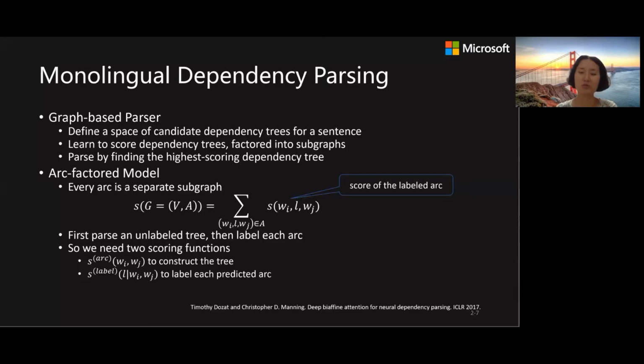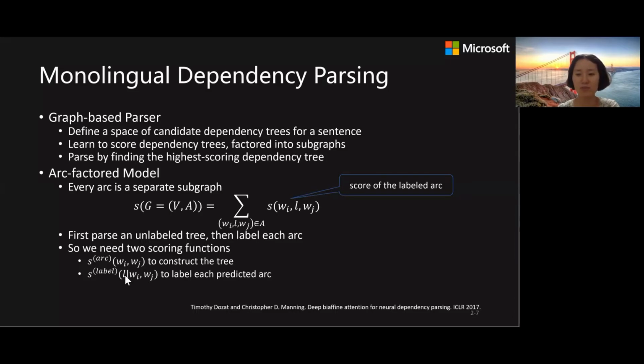So we need two scoring functions. The first one is S-arc. It evaluates the scoring of an unlabeled arc, Wi and Wg, and it can be used to find a head for a word, and thus can construct an unlabeled tree. Another scoring function is S-label.